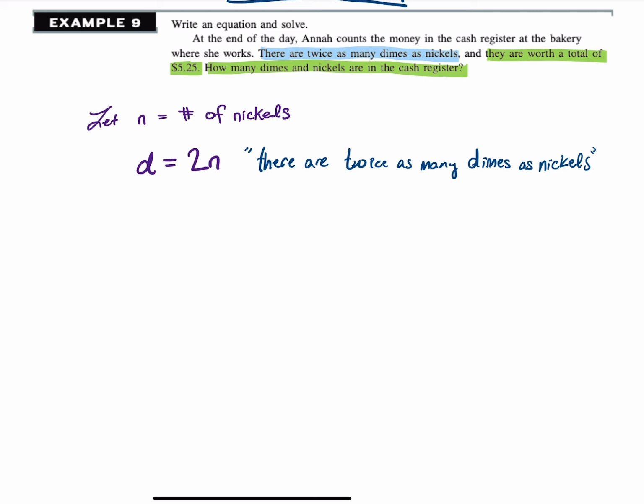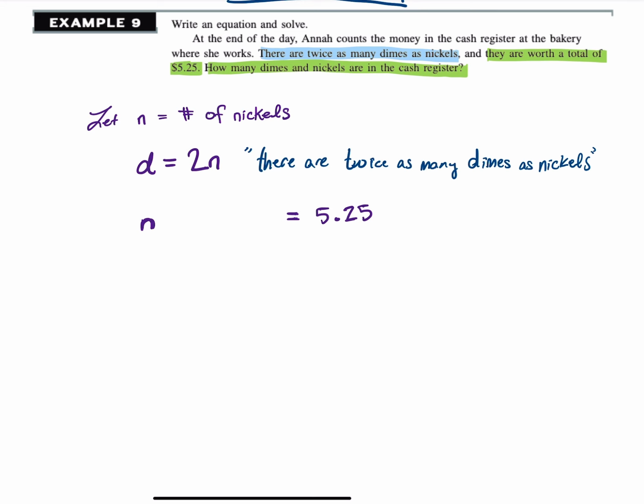So I know that the total amount, they're worth a total of $5.25. So I can imagine adding something together and getting $5.25. If I know I have n nickels, how much value would that be?